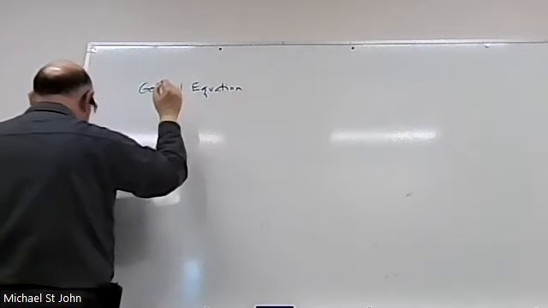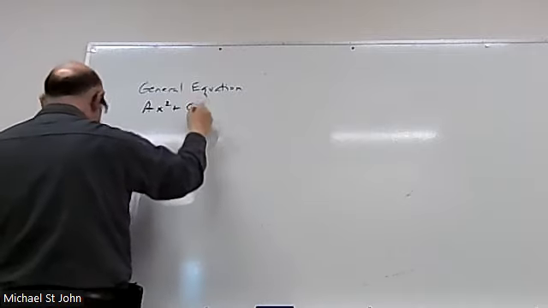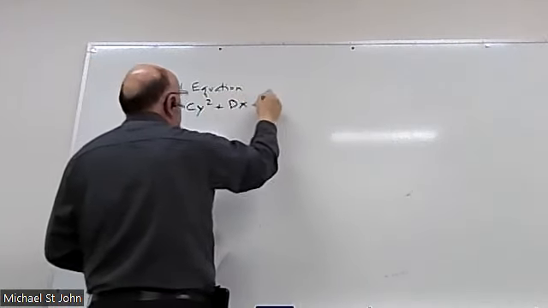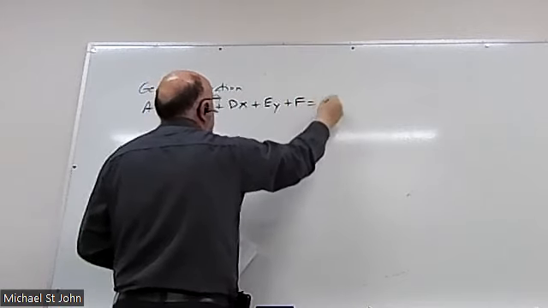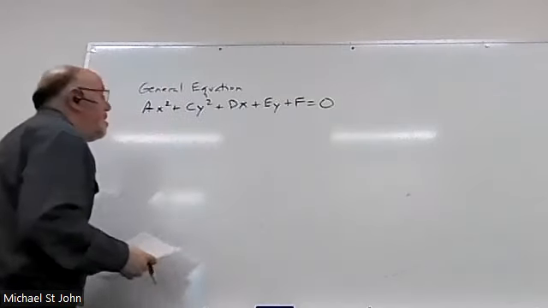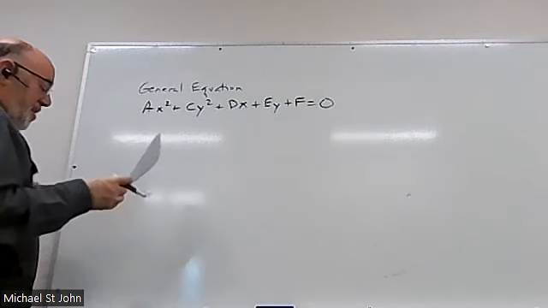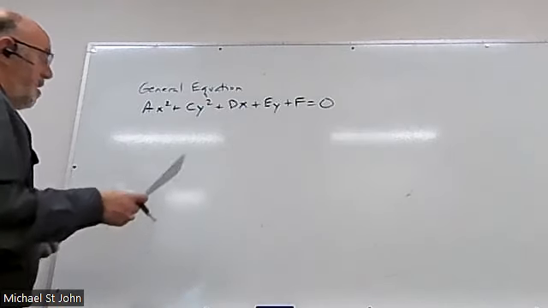And so you have ax squared plus cy squared plus dx plus ey plus f equals 0. And so A and C are not both 0. Otherwise, we don't have a conic here.